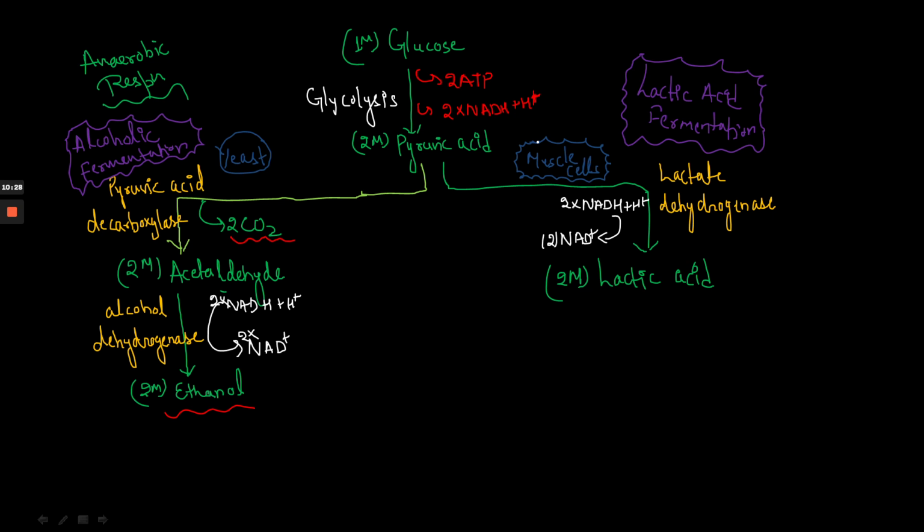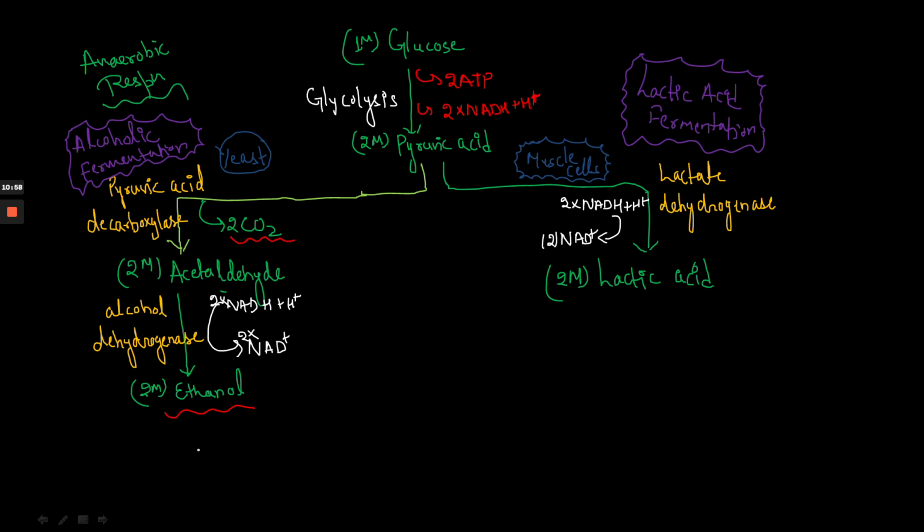But what happens, children, during heavy exercise, when we are running and breathing very fast? We require a lot of energy at the time of heavy lifting or something. At that time, all the oxygen in our body is being utilized, and there will be a condition where oxygen is lacking in our body. At that time, in human muscle, this lactic acid fermentation is going to happen.